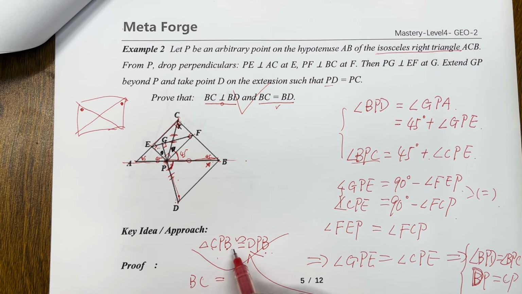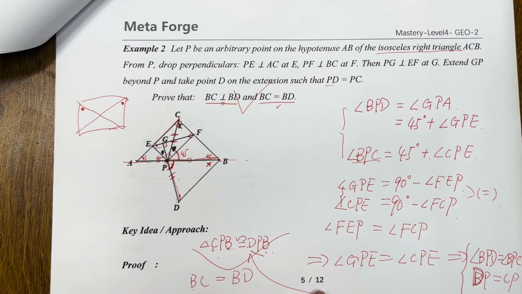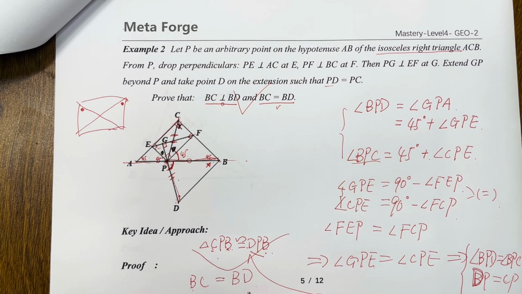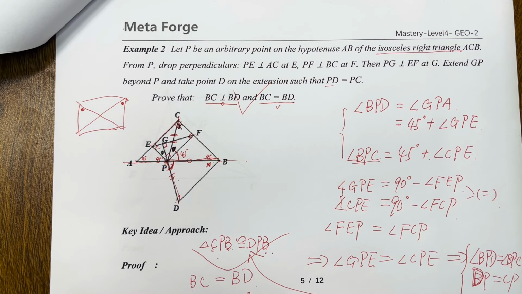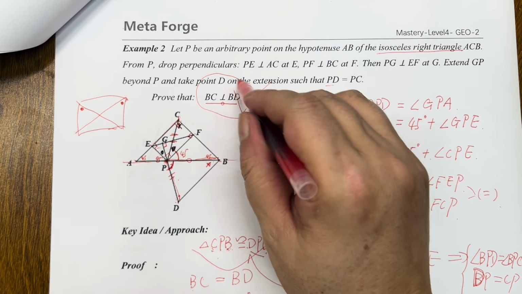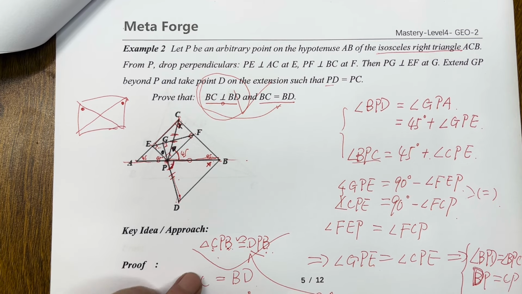BC equals BD, corresponding sides. And angle PBD equals 45 too, because CBP is 45. Then angle CBD equals 90. The perpendicular relationship is proved true. Okay?